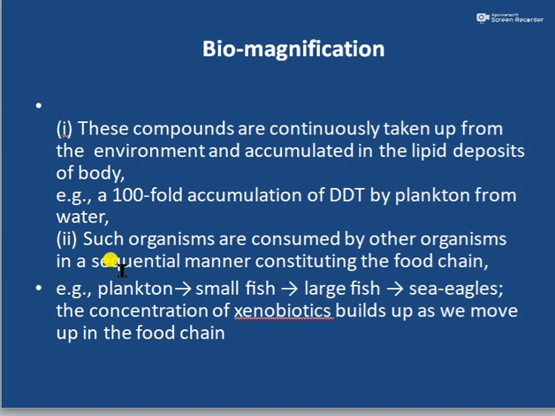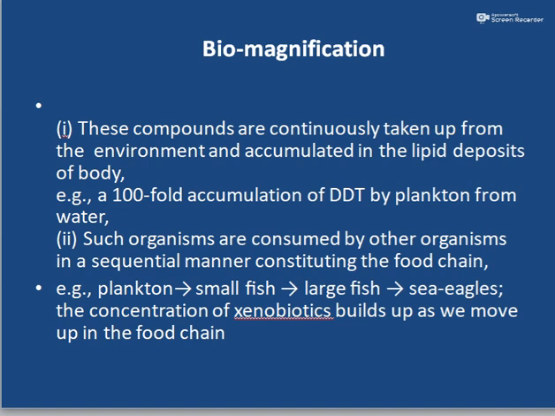These compounds are being continuously taken up from the environment and accumulated in the lipid deposits of the body. And what happens? There is a 100-fold accumulation of DDT by plankton from the water. That figure is not being given over here; it's a table which I will be explaining to you.